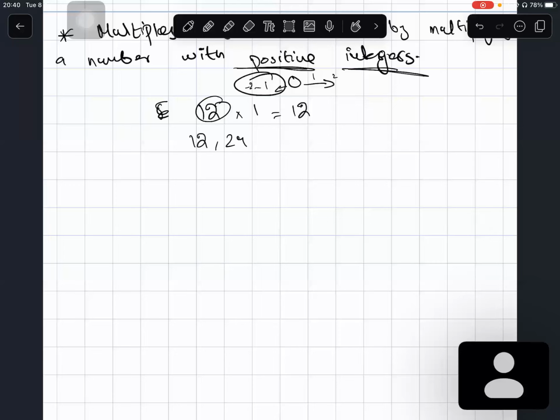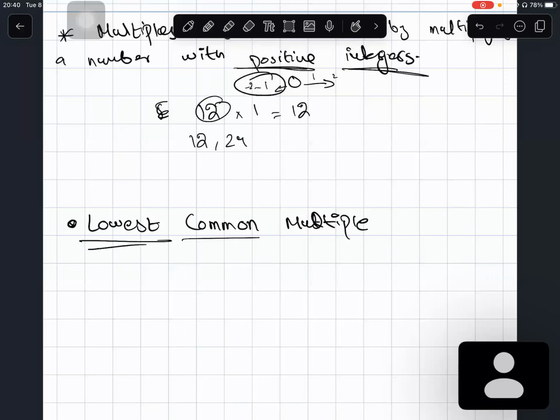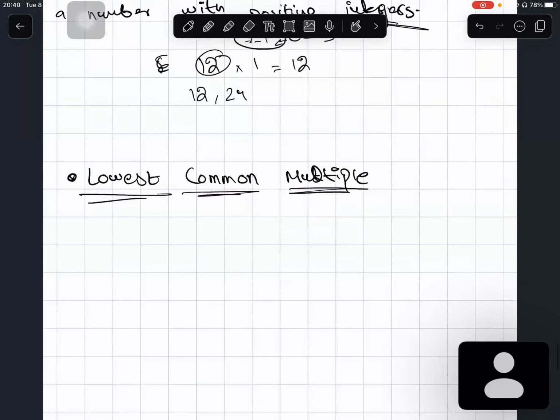But one last thing that I would like to touch upon in this one is the concept of lowest common multiple. Daniel, do you have any idea, any understanding? Does this mean anything to you, which is also known as LCM? Yes. Okay, good. Please tell me.